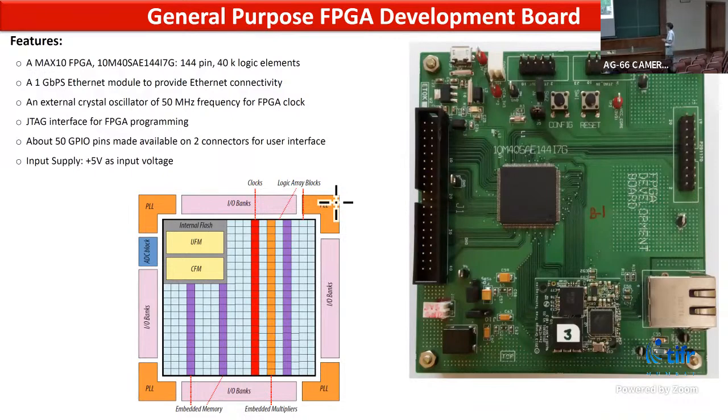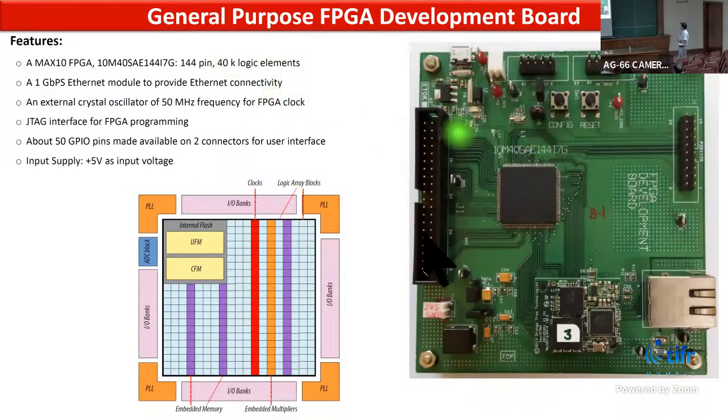Earlier we had worked with FPGA development boards bought from vendors, but for this camera development we had to develop the real hardware. To get some confidence, we first selected an FPGA which could meet all our module requirements, and then developed a general purpose FPGA development board to test some of the features. This is the board which we developed. We selected a Max10 FPGA from Altera, a 144-pin IC with 40,000 logic elements.